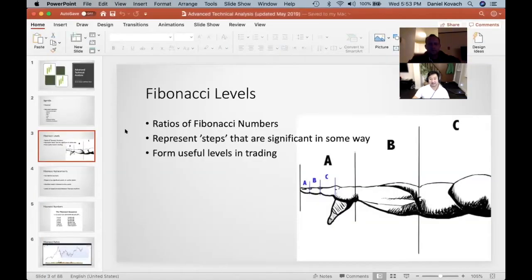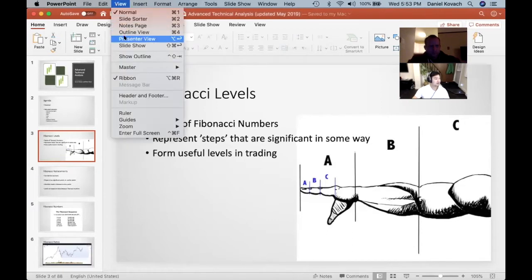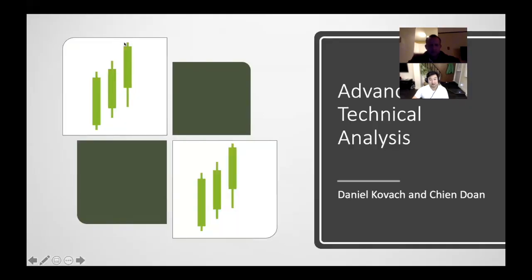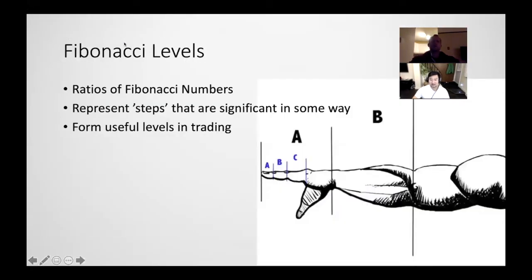Okay, so all right, we're just going to focus on Fibonacci levels today. So I'm going to go through those first two slides pretty quickly. The reason is we just wanted to make a brief introductory video to show one of the primary tools that Chen and I use to trade, and that's Fibonacci levels.